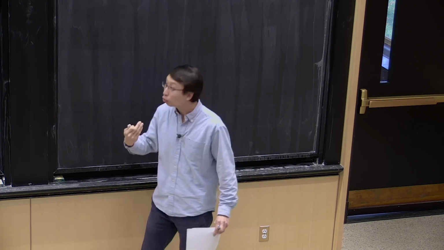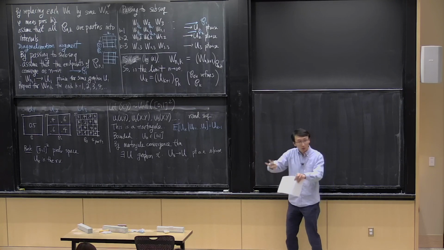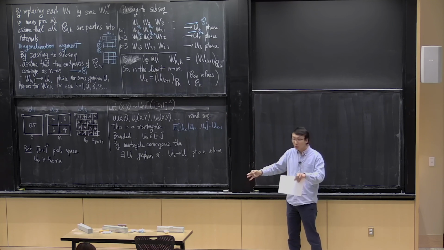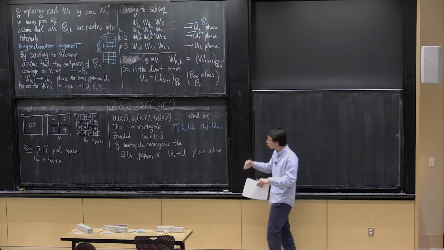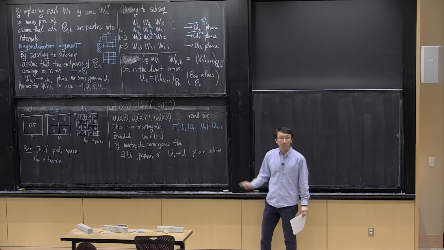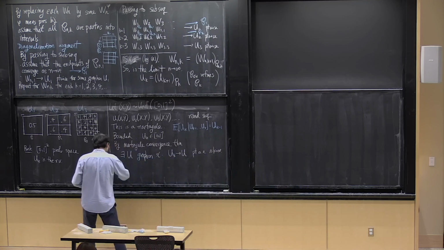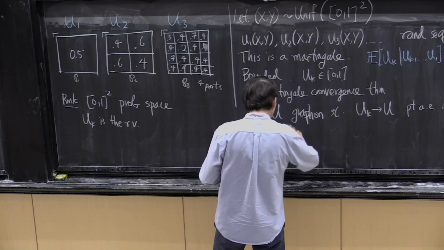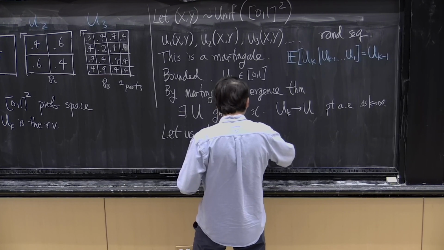So this is a limit, and we're going to show that it is indeed a limit. You see, this is a construction of the limit, where we took regularity, got all these nice pieces, found convergent subsequences, and then applied the martingale convergence theorem to produce for us this candidate for the limit, this U. So now let us show that it is indeed the limit that we're looking for.